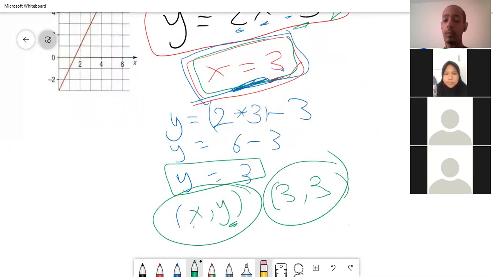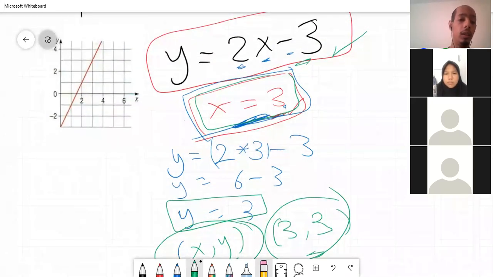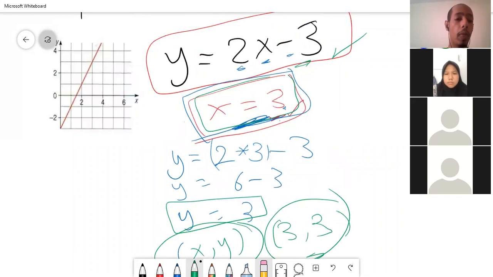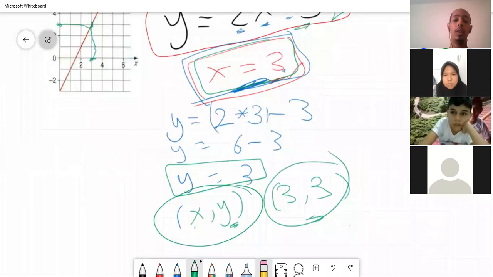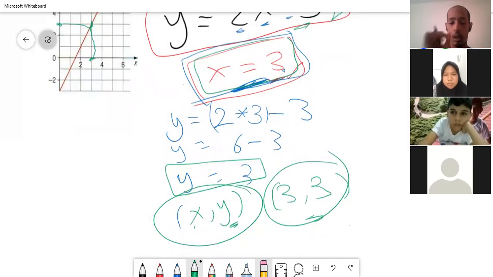Okay. Right. Let's see, 3 and 3. Where are they in these coordinates? Here is 3, here is 3, right? So 3 and 3. Is it on the line? Yes. So it satisfies the function. The point 3 and 3 satisfies the function. Right.